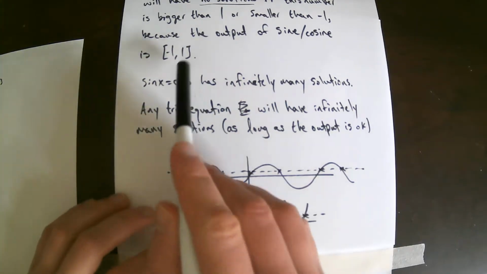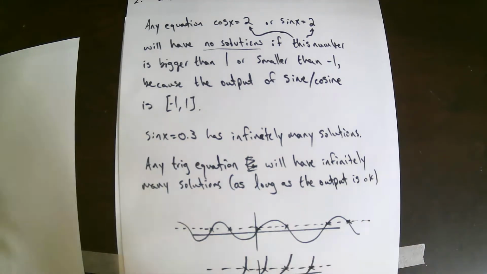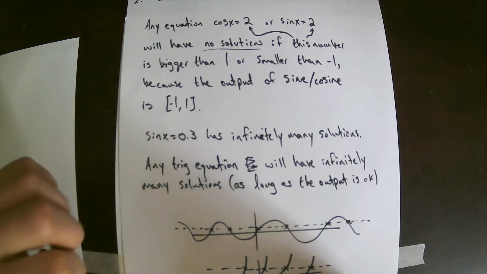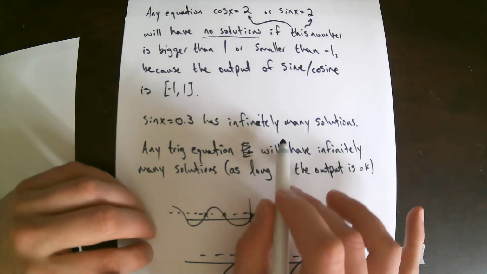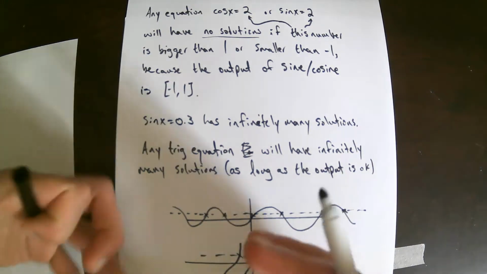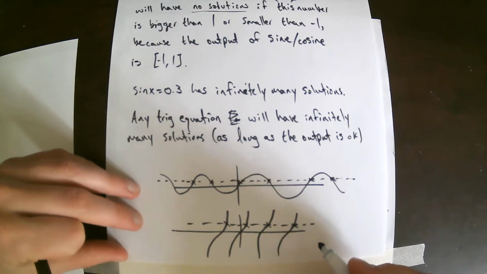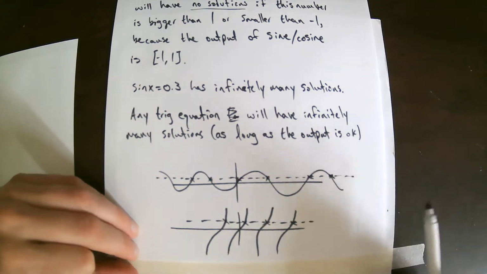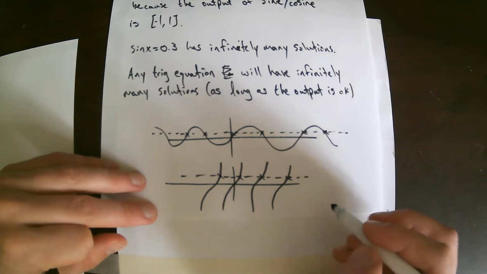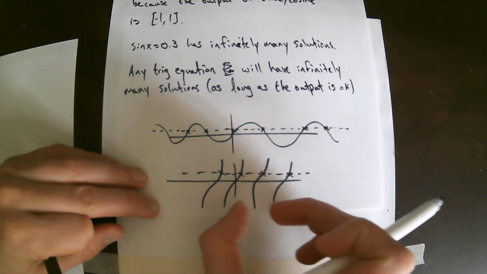If it's outside the range, then there's no solutions. And this is reflected when we solve it. How do we reflect this infinitely many part? That's when we add the plus 2k pi for sine and cosine, which tells you it's every rotation. For tangent, it's k pi, because its period is just pi instead of 2 pi.